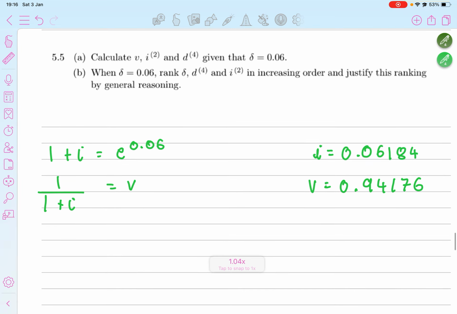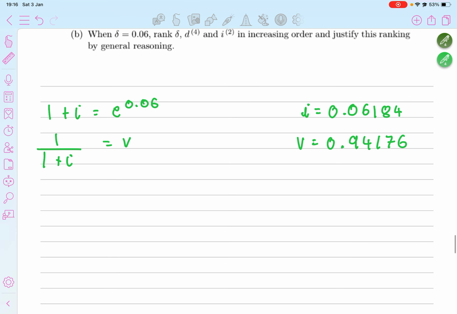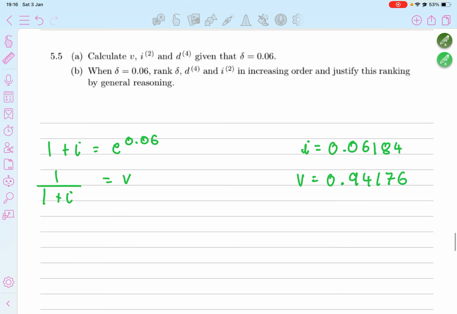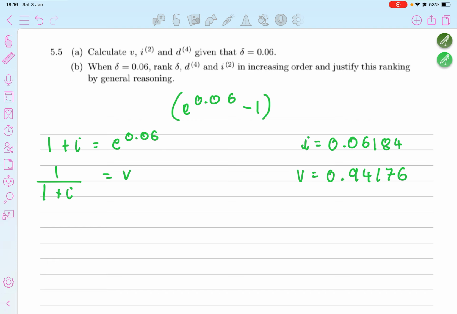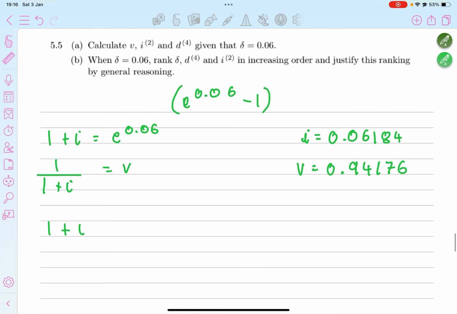Okay. To keep things accurate, I might just use i as e^0.06 minus 1, just to keep things accurate and easier while I'm typing. So now I need it nominal, so I have the annual i. So as we did before, 1 plus i is equal to 1 plus i2 over 2, to the power of 2.